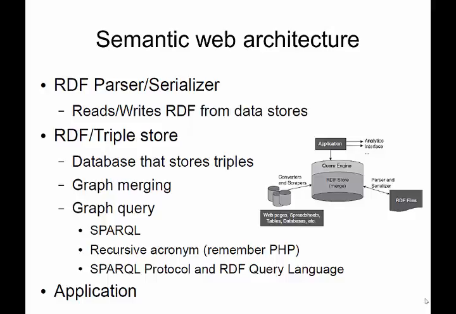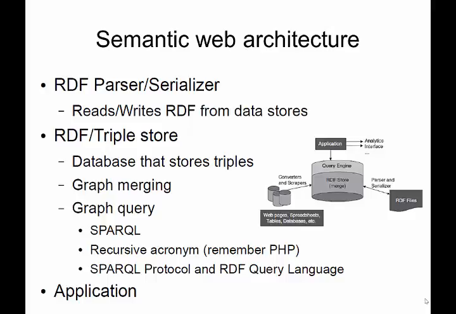First of all, there's a database, and there are databases specifically designed to store triples, and they tend to be called triple stores or RDF stores. So there are databases specifically for RDF storage.